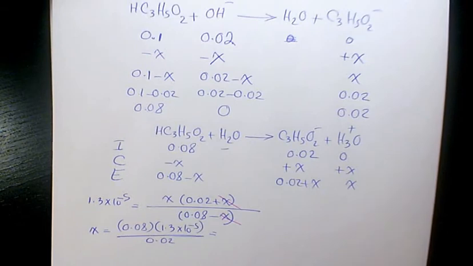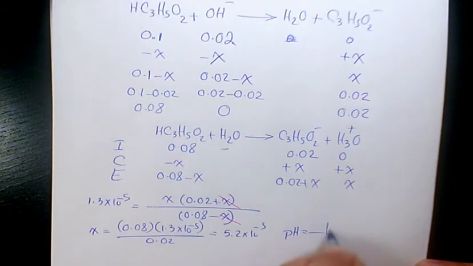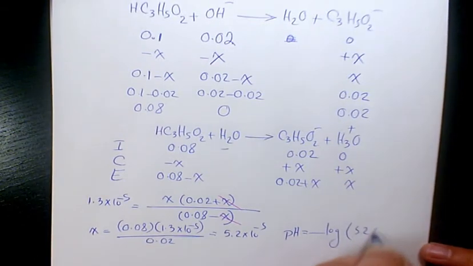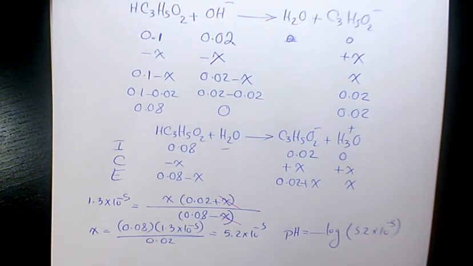So that will be 5.2 times 10 to the power of negative 5, and pH is going to be negative log of 5.2 times 10 to the power of negative 5, which will be 4.28.